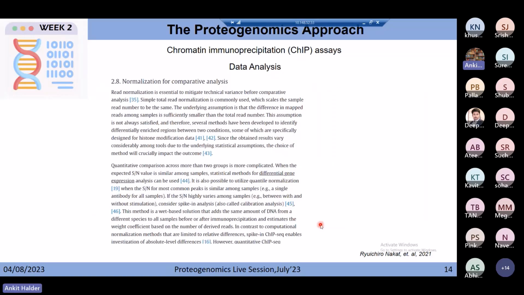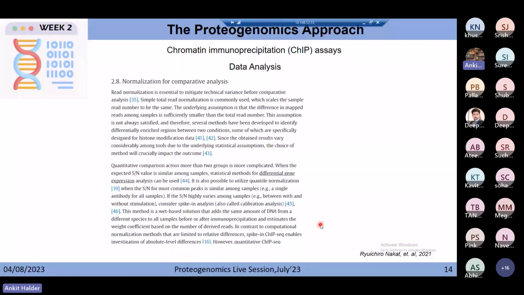Then, after we analyze the data, we normalize it. There are various reasons to normalize the data. One is to reduce technical biases and variances.